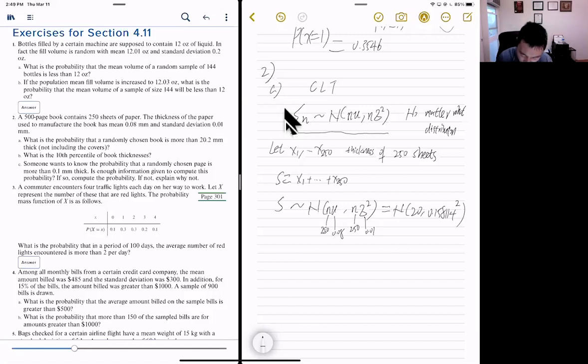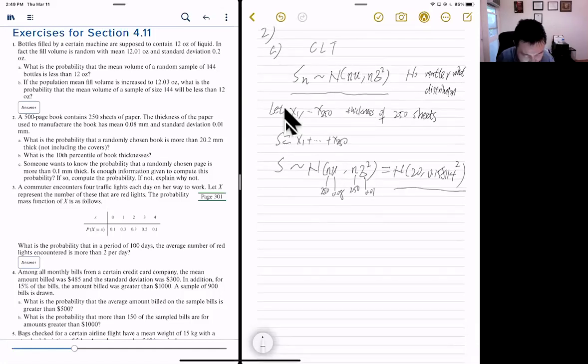Then what are we going to do? We use the Z table. The probability that a randomly chosen book is more than 20.2, so we calculate the Z score: 20.2 minus mu, which is 20, divided by the standard deviation.